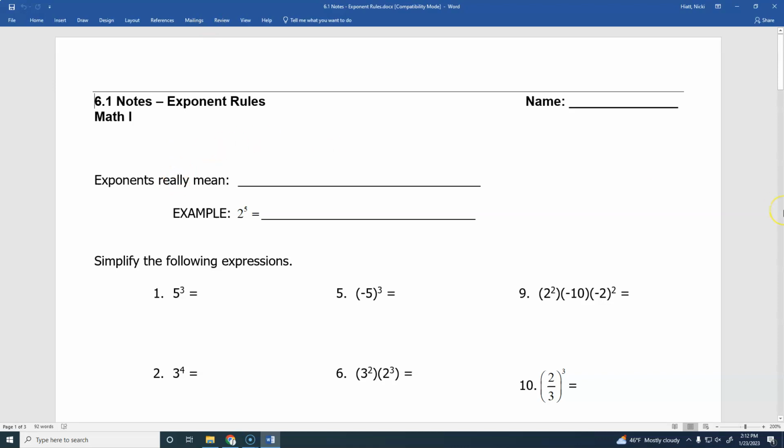Exponents really mean repeated multiplication. Okay, so for example, when we see 2 to the 5th power, it means 2 times 2 times 2 times 2 times 2.